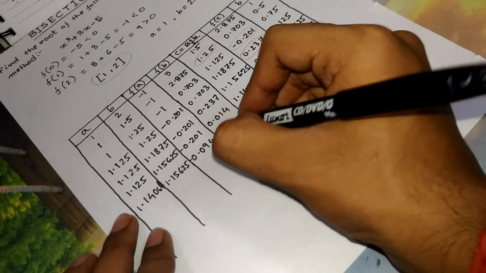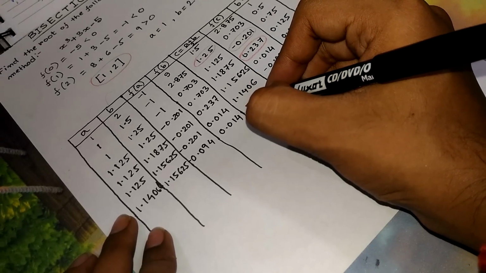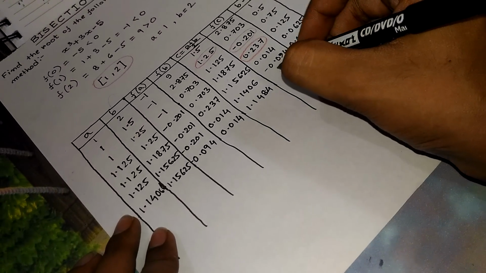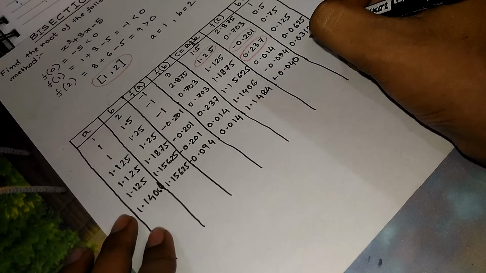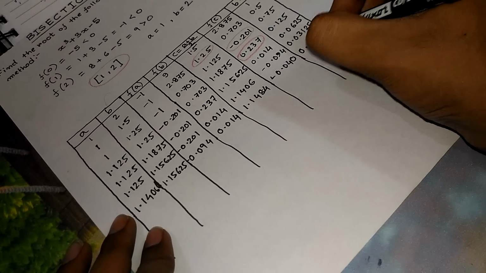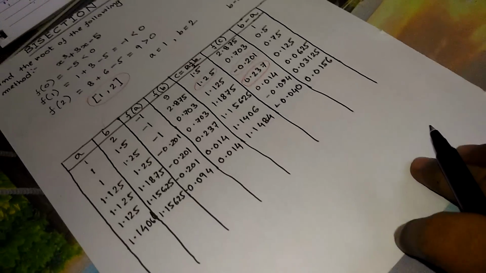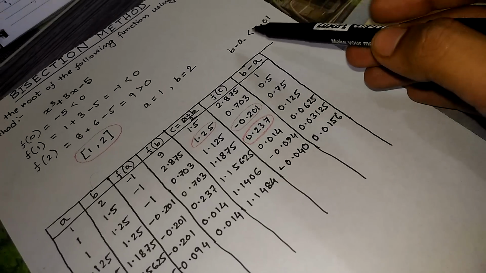F of b will be the same, 0.014. Now c will be 1.1484. F of c will be minus 0.040 and b minus a will be 0.0156.